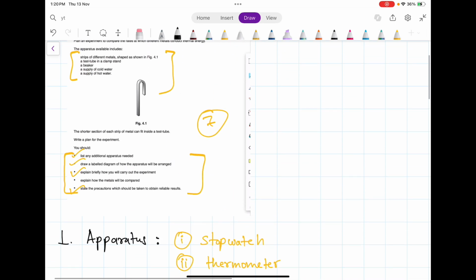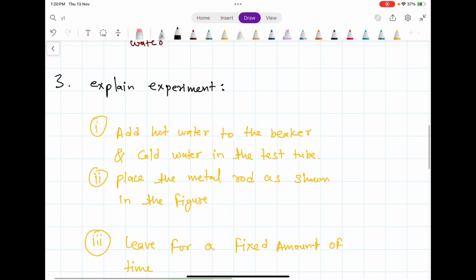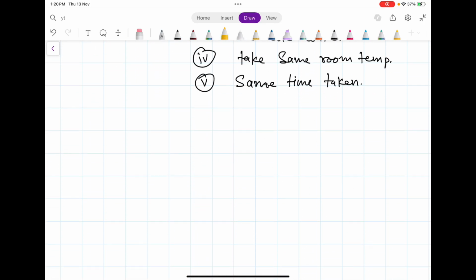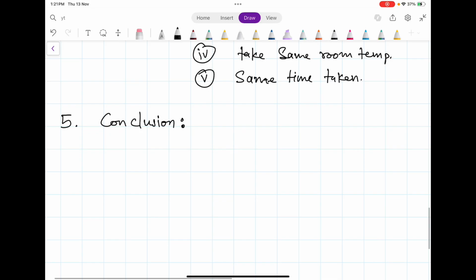Now in the last part, they are asking to explain how the metals will be compared. So basically they are asking about the conclusion. How would you go for conclusion? Fifth point, conclusion.